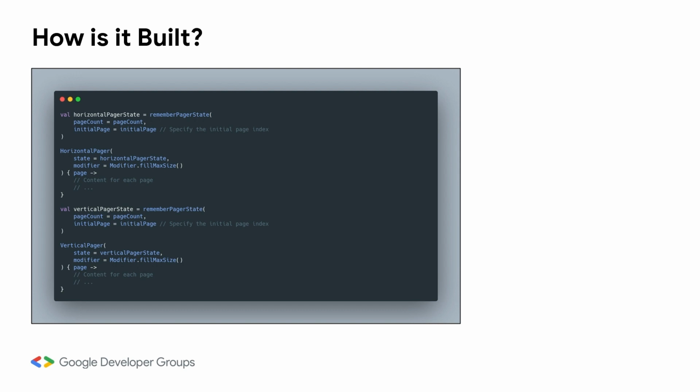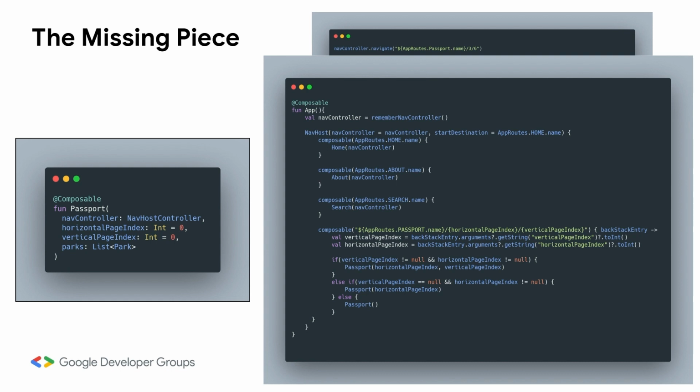Okay, coming back to that final fourth route that I was talking about earlier, how do we build the passport route, and how do we navigate from somewhere in the standalone to a particular page?